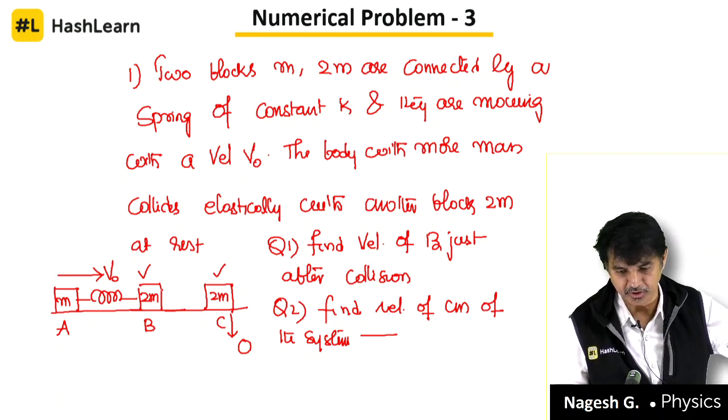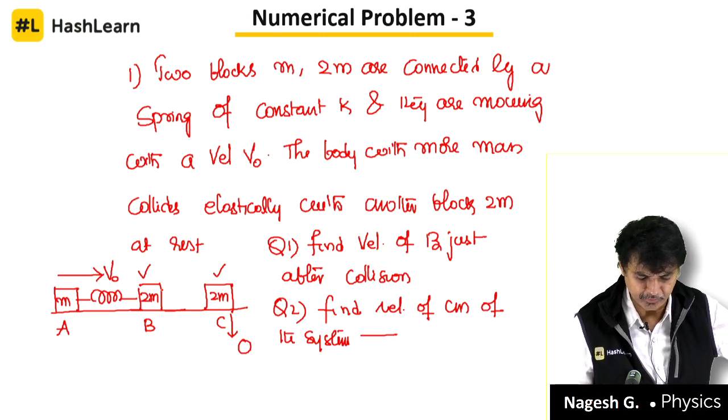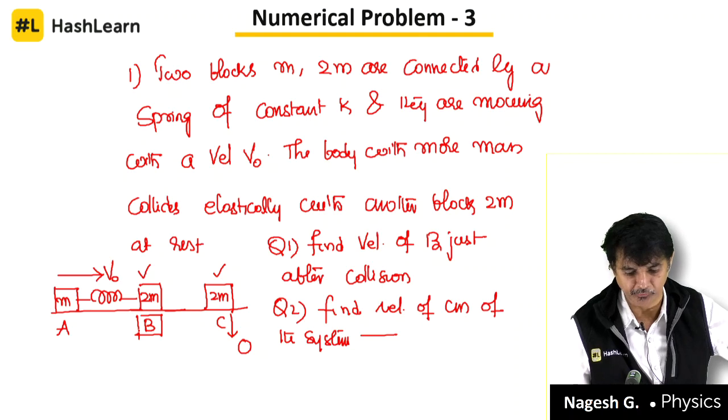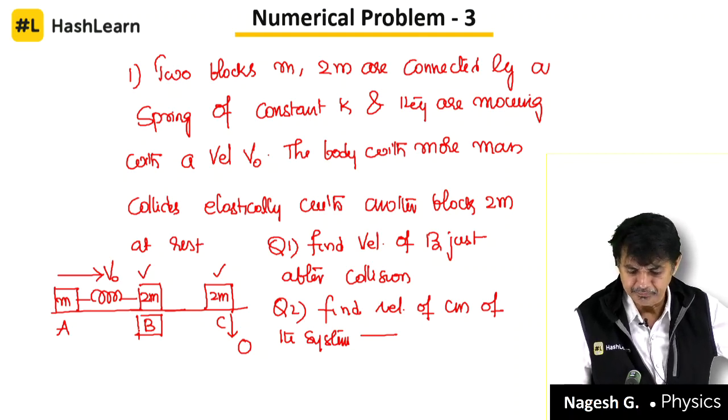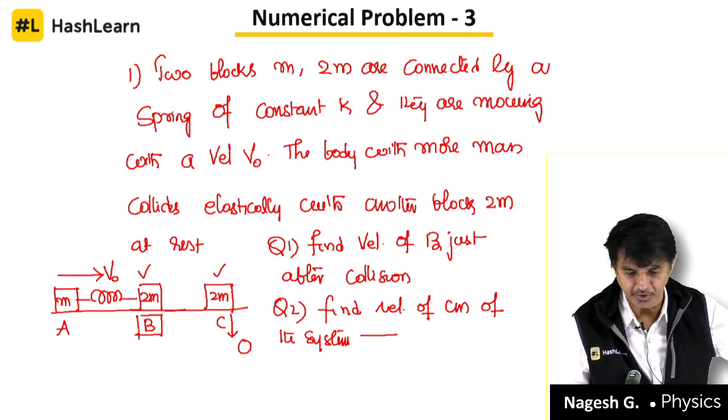Moreover, when the masses of the bodies are identical, in an elastic collision, what you observe is an interchange of velocities. After colliding with 2m, block B will lose its velocity to block C. Block C's velocity is V naught and block B will come to 0.